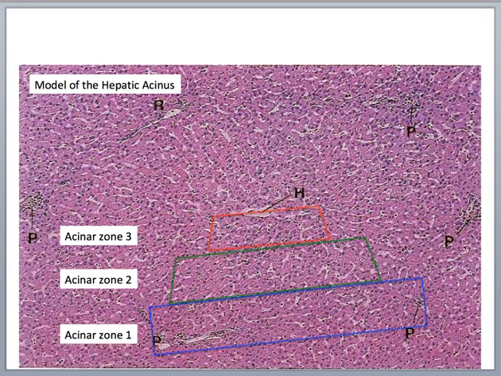Often in fatty liver disease, however, we go off of the model of the hepatic acinus, and this is based on the degree of oxygenation as blood flows from the portal areas.